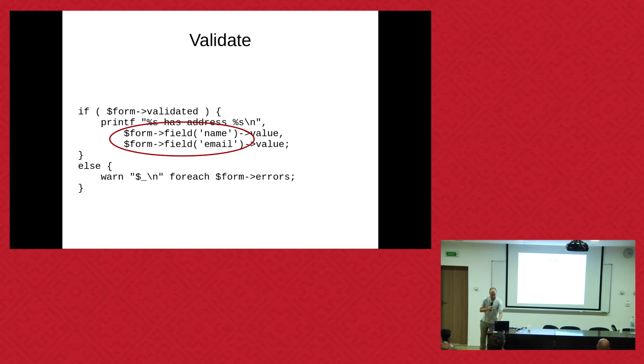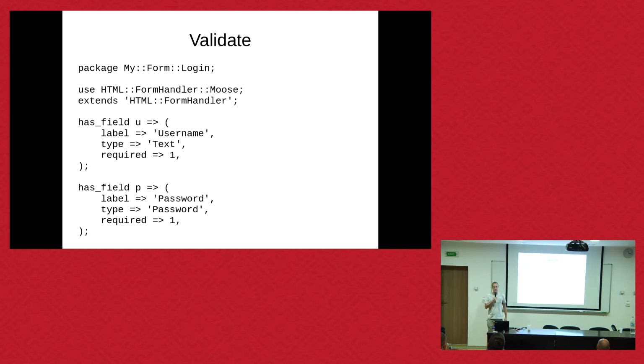And each field object has a value method, so we can get the value that the user input, basically the value that we saw in the process call earlier, from the form. So this is how we can get at our data. And yeah, people do make errors when they submit forms, and the validation fails. This errors method returns an array of all the validation failures, all the errors that happened.